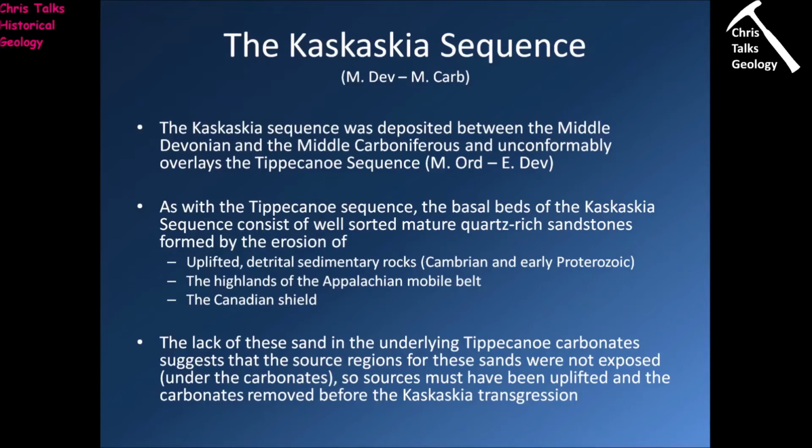Those were already quite well sorted sandstones, so when you rework them again, you take essentially a very quartz rich sandstone and you upgrade it even further to make it even more quartz rich. So where we have these sandstones, they essentially represent just a reworking of earlier material, a lot of it from the Sauk and the Tippecanoe sequences.